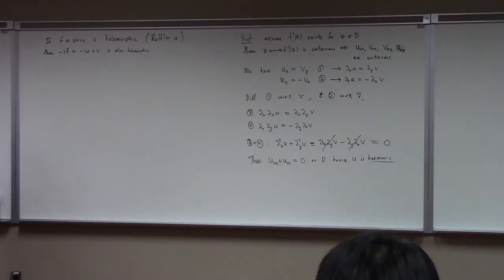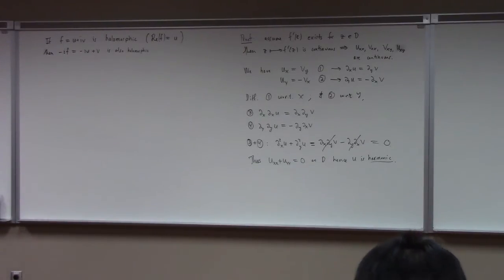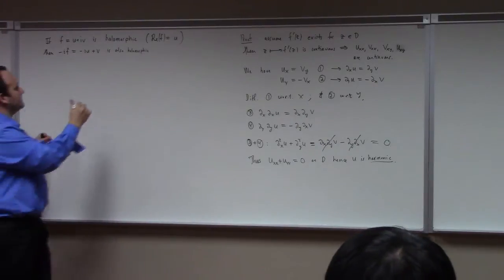Which is a simple consequence of the linearity of the complex derivative, right? You can pull minus i out. So if f prime of z exists, then the derivative of minus i times f also exists. It's minus i times f prime of z. So it's also complex differentiable in the domain at each point. It's holomorphic. But what's the real part of this function?